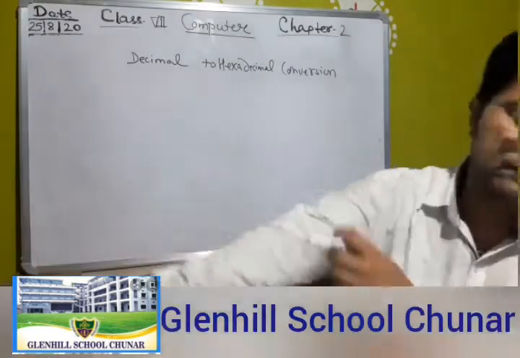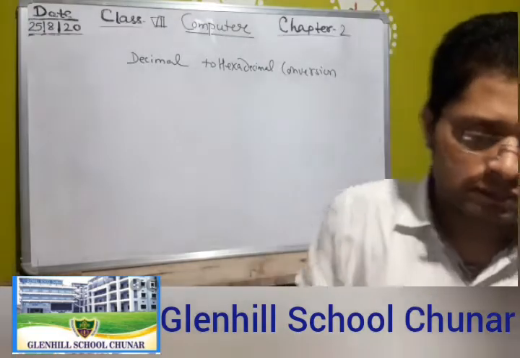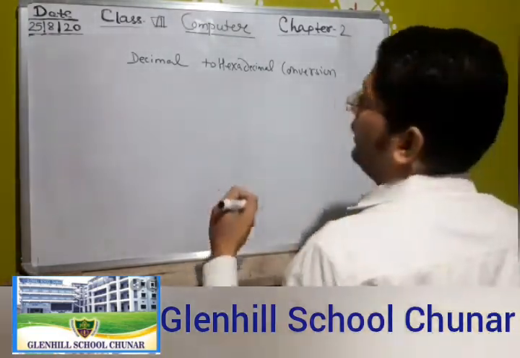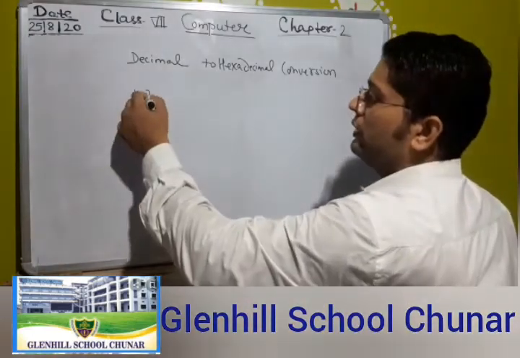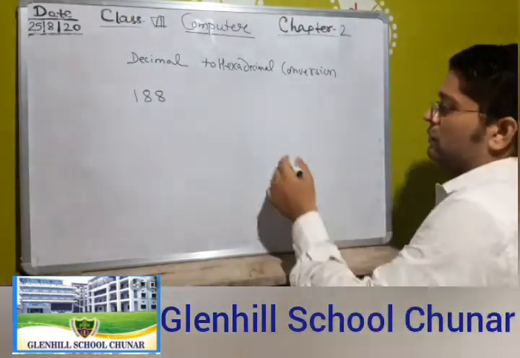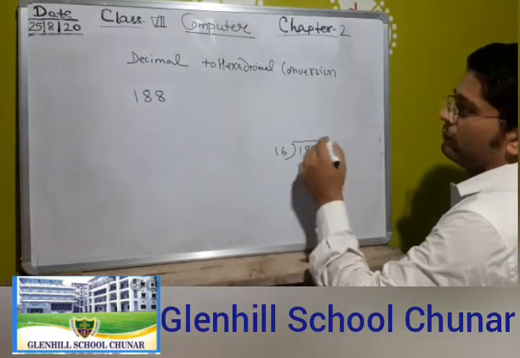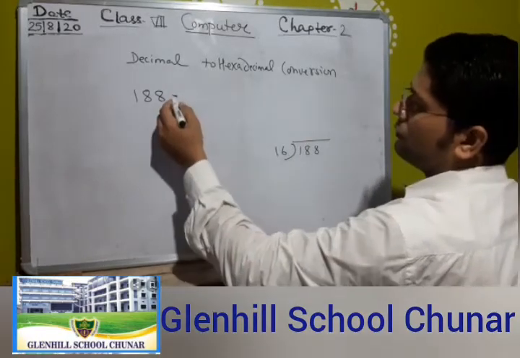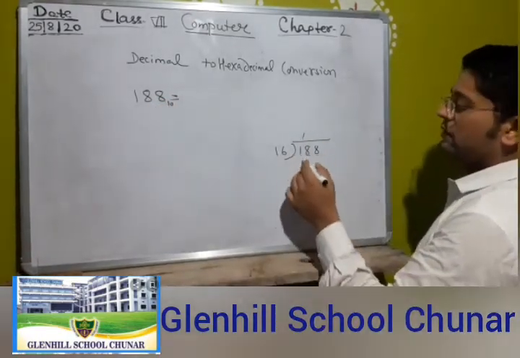And next, in ABC format. Okay, so suppose 188 decimal number. Okay, so 188 divide by 16. This is a decimal number. So 16 1s are 16.